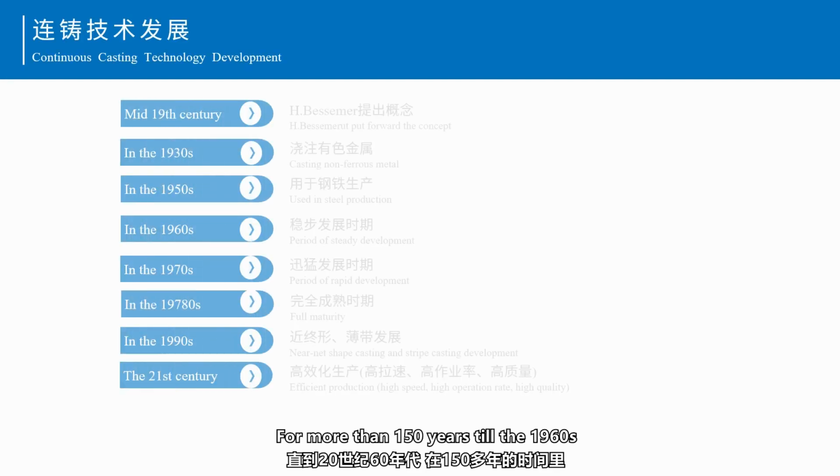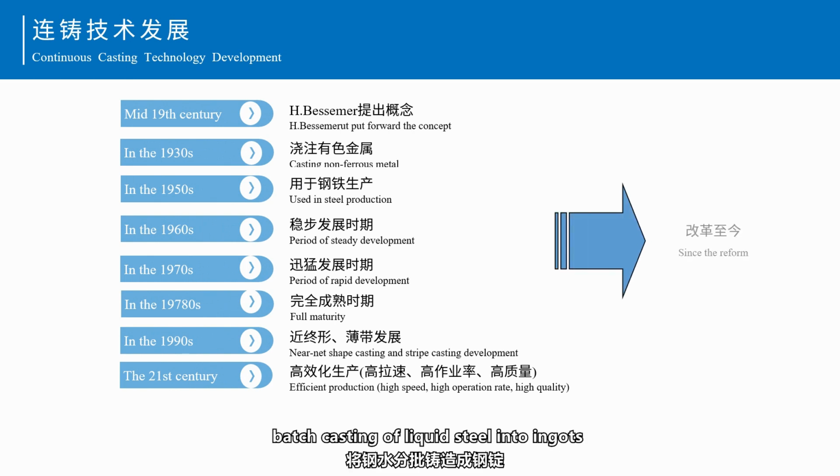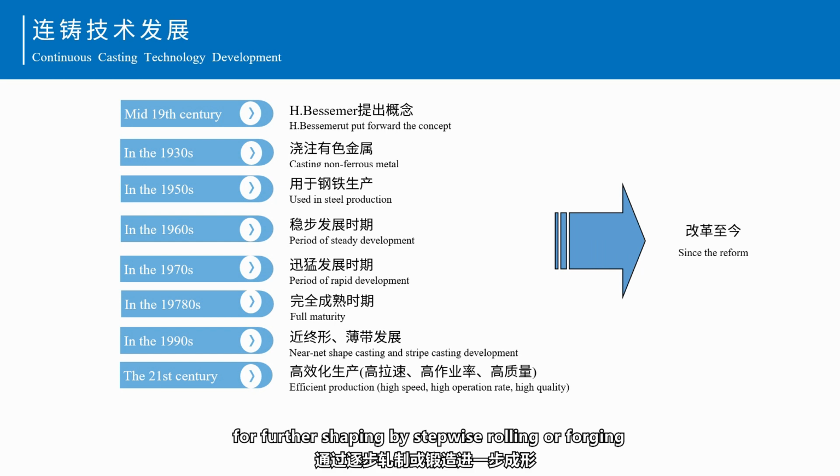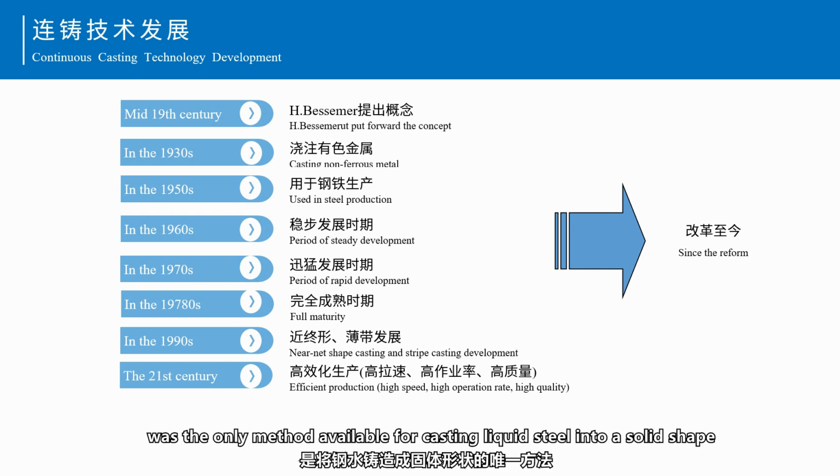For more than 150 years, till the 1960s, bench casting of liquid steel into ingots for further shaping by stepwise rolling or forging was the only method available for casting liquid steel into a solid shape.